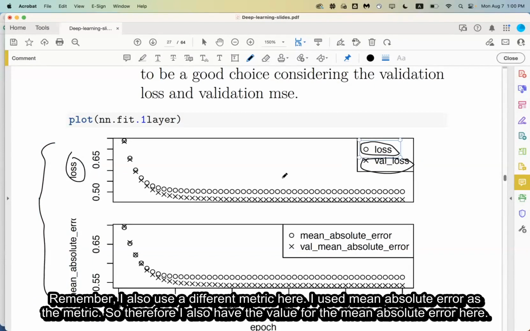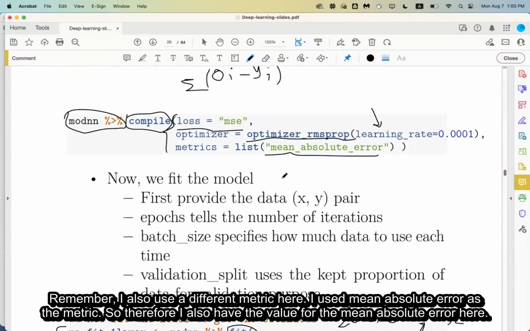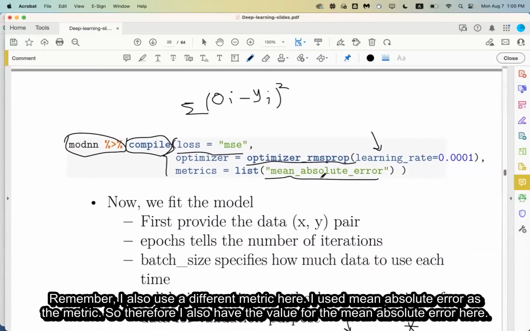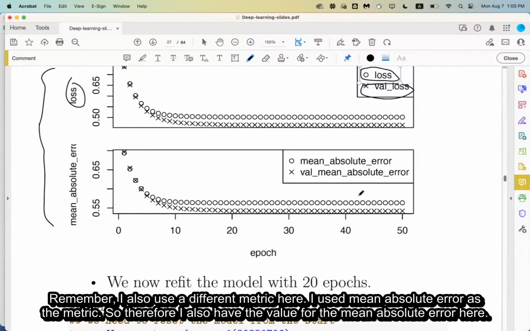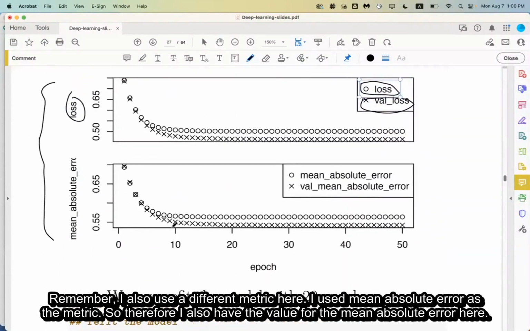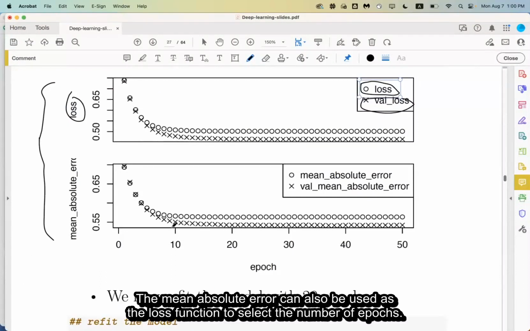Remember, I also use a different metric here. I use mean absolute error as the metric. So therefore, I also have the value for the mean absolute error here. The mean absolute error can also be used as the loss function to select the number of epochs.